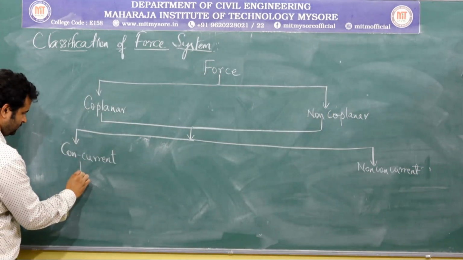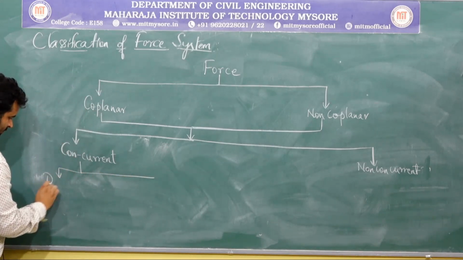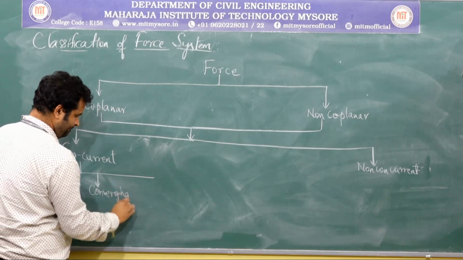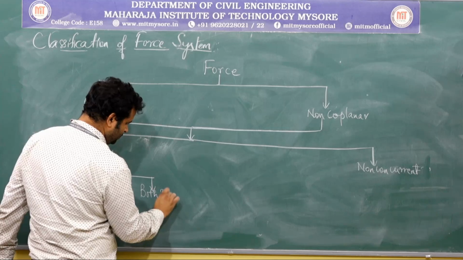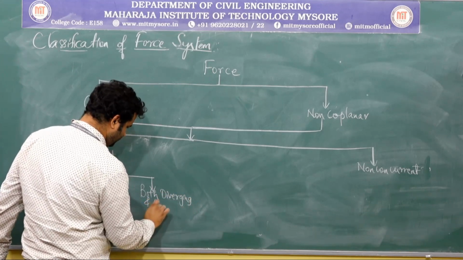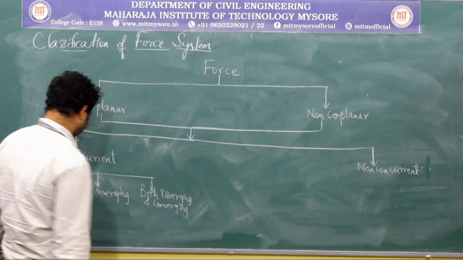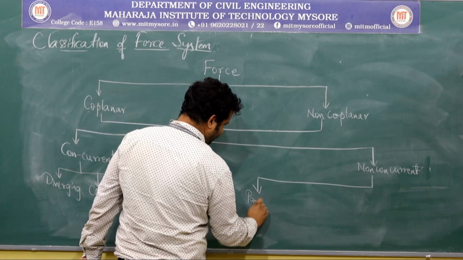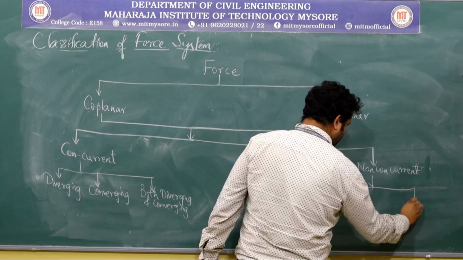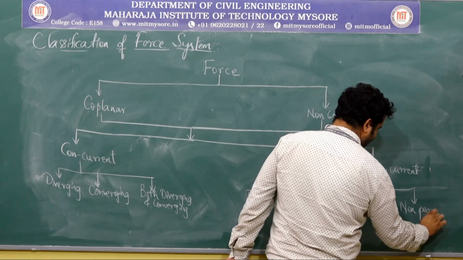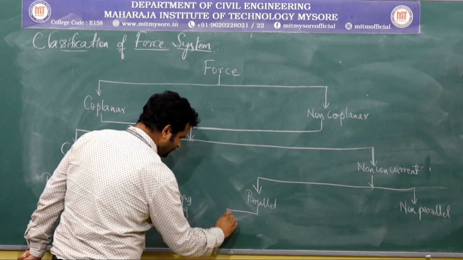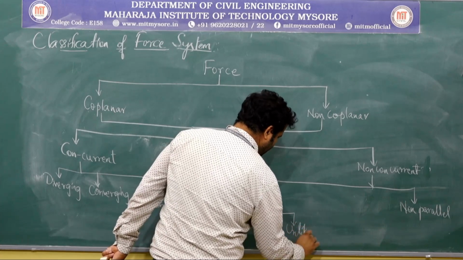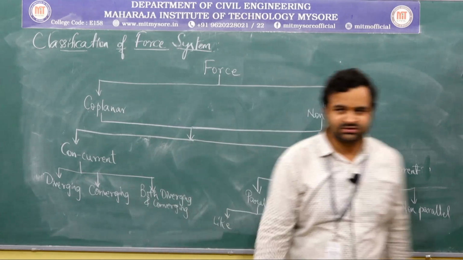In concurrent we have diverging, converging, and both diverging and converging. In non-concurrent we have parallel and non-parallel. In parallel we have like parallel force system and unlike parallel force system. This is how the force system is classified.